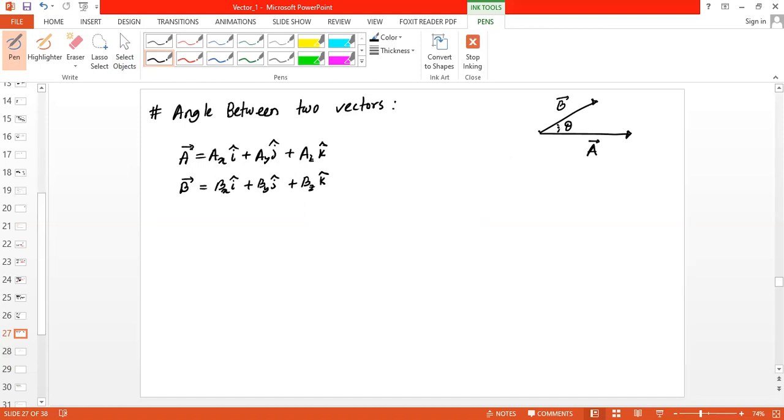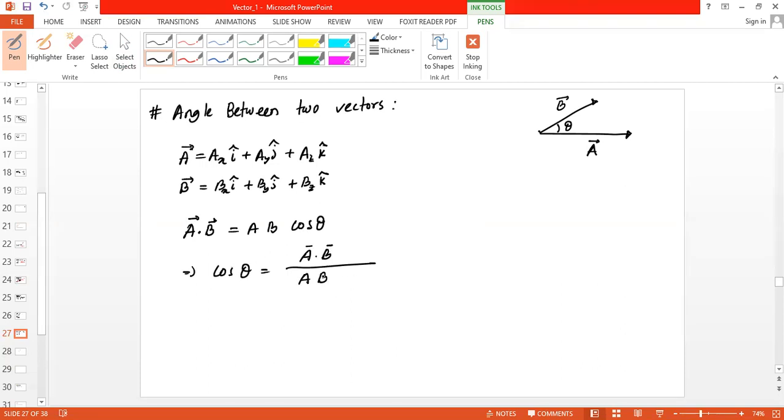And what I want to know is the angle between these two vectors, A and B. So for that, I have to take a dot product of A and B. And dot product of A and B means AB cosine of theta. So that means cosine of theta equal to A dot B divided by AB.